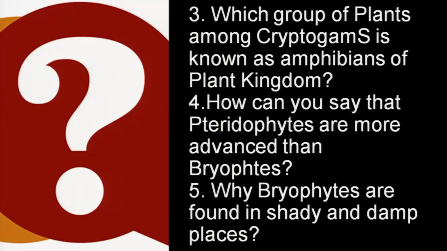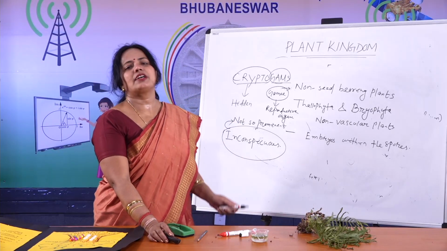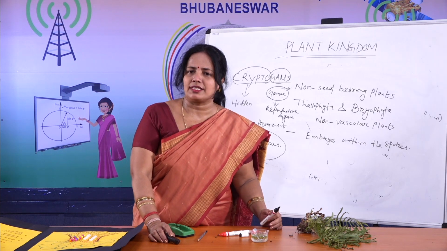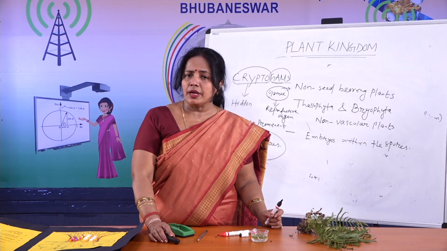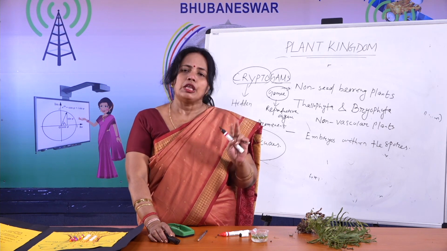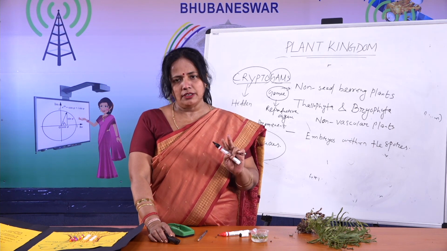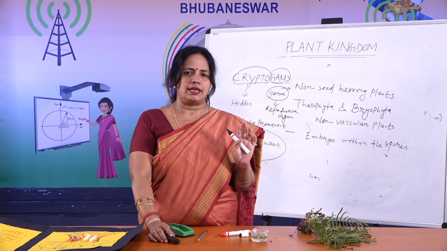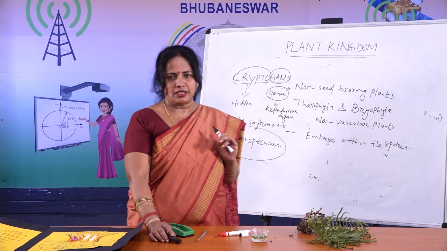Which group of plants among cryptogams is known as amphibians of plant kingdom? The correct answer is bryophytes. Why are they the amphibians? I have told you, amphi means dual, bians means habitat. They need both land and water for completion of their life cycle. That's why they are called the amphibians of plant kingdom, right?